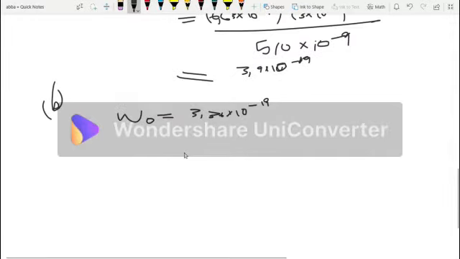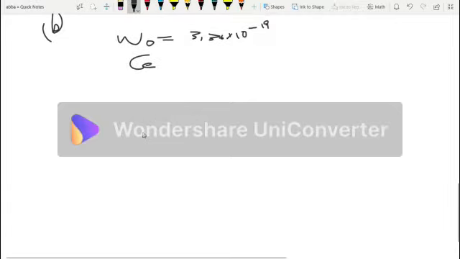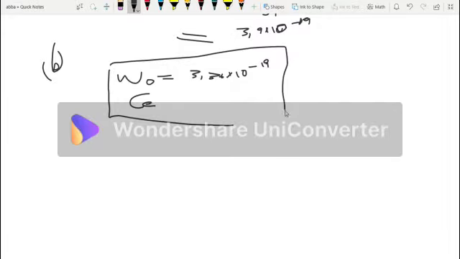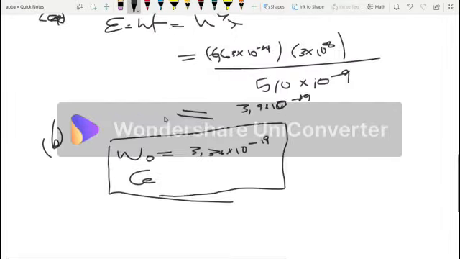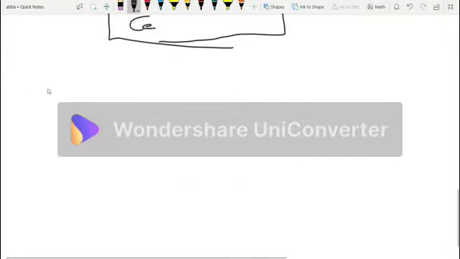The work function of this is cesium, Cs. This is how you can answer this, because they said look at the table. The work function that is closest means cesium is closest to the energy of the green light.